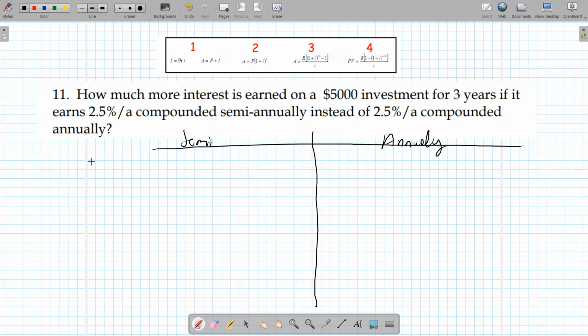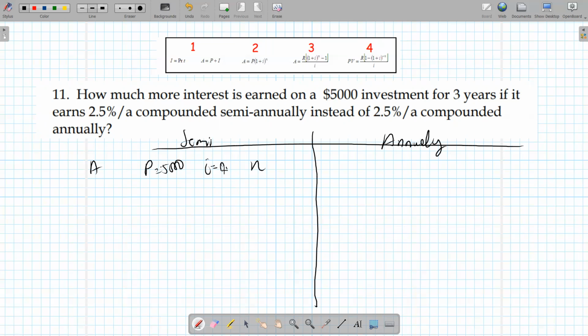So what do we know for semi-annually? What's P, I, and N? P is 5,000. I is 0.00096.